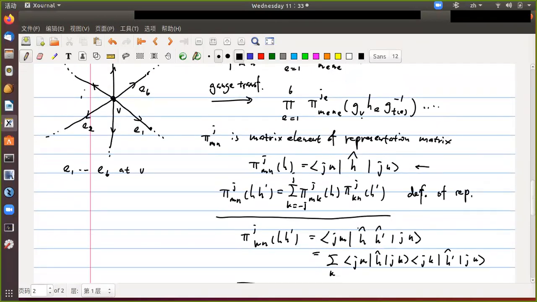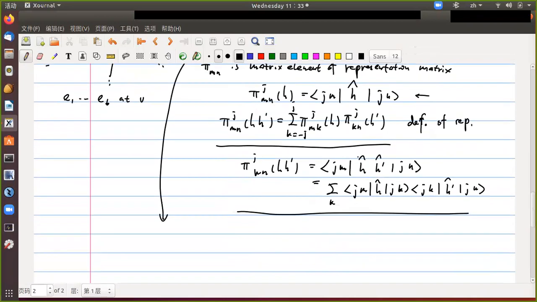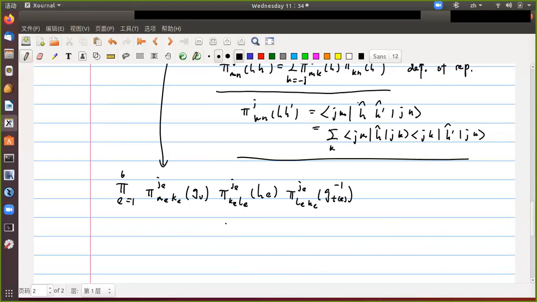Now you can expand this vector. This gives you the product over e from 1 to 6 of pi j_e, with the matrix elements of G_V, h_e, and G target. Here I skip the sum and use the Einstein summation convention: once I have a repeated index, it means sum.